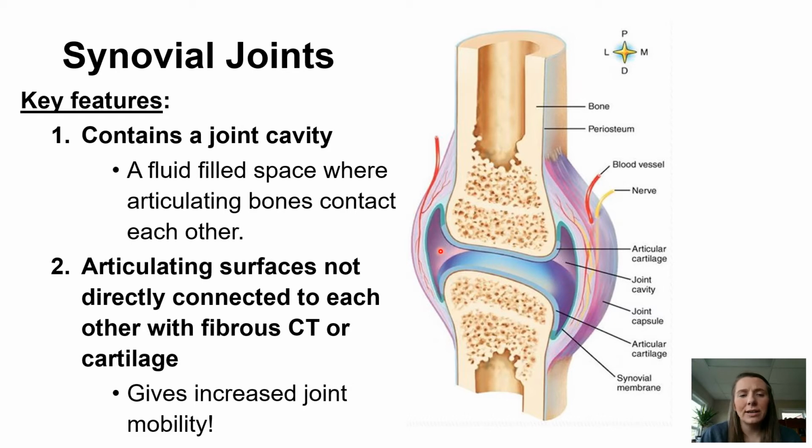In addition, another key element of synovial joints is that the articulating surfaces don't actually directly connect to each other with fibrous connective tissue or with cartilage. And because these bones aren't physically connected to each other, this gives us more mobility in places where synovial joints are present.